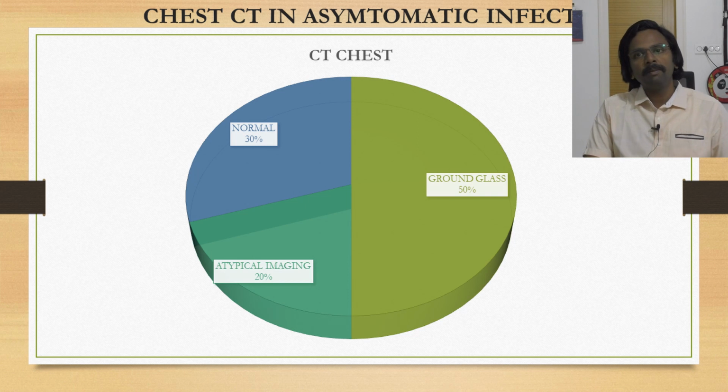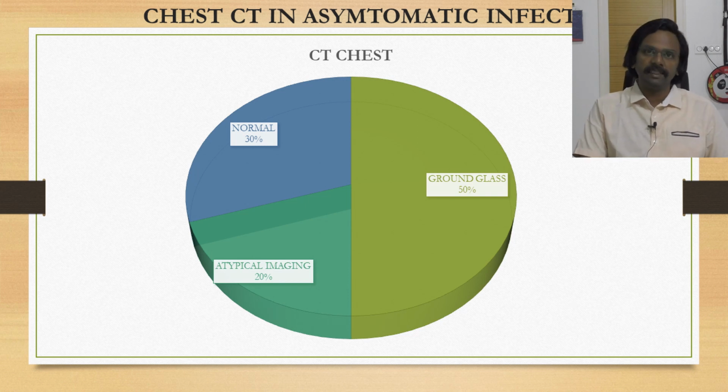And then there is a study which has been done to identify whether these asymptomatic patients will develop some significant findings in CT scan. So all asymptomatic patients were taken into consideration who had been confirmed to have COVID-19 by polymerase chain reaction. They have done a CT chest to see whether these patients are developing any significant pathological changes.